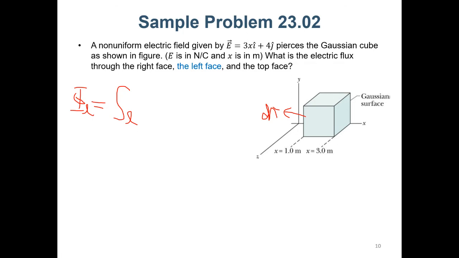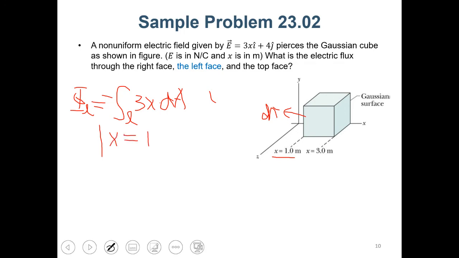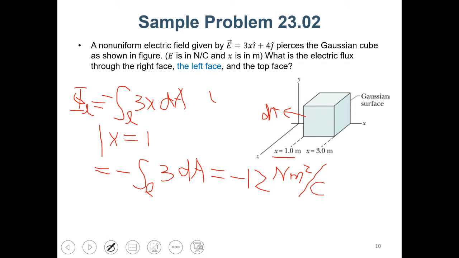So we will have minus 3x dA. And in this case, x is equal to 1. So we have minus the integration over the left surface of 3 times 1 dA. And the area is 4 also, so it is minus 12 N m squared over C. So this is the second one.